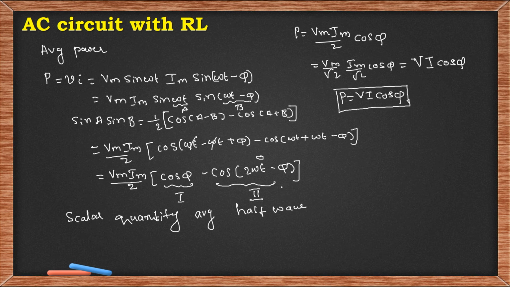Let us represent the voltage, current and this power as a waveform. Let us consider omega t along the x-axis.